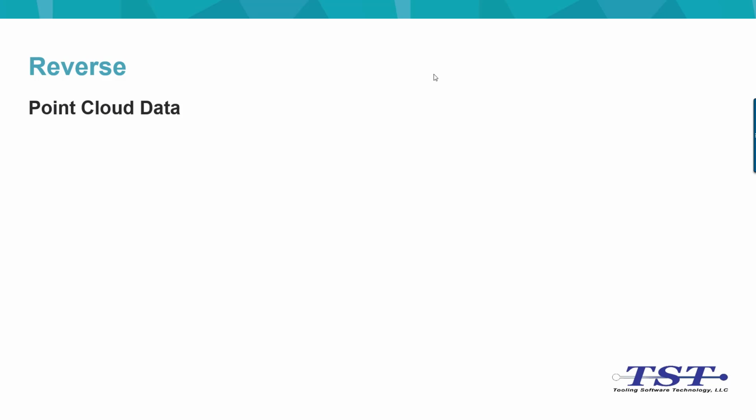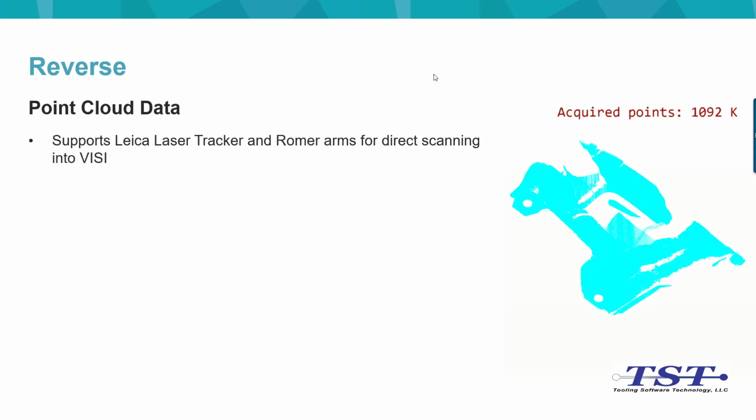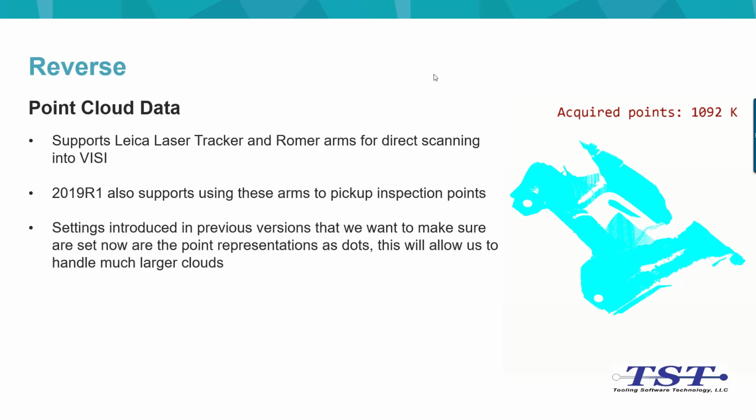So from here, we'll go into point cloud data. Visi supports Leica laser tracker and Romer arm for direct scanning, so you can directly scan into the product. In 2019 R1, it also supports using these arms to pick up inspection points. And with the settings introduced in previous versions, we have the ability to import larger cloud data.